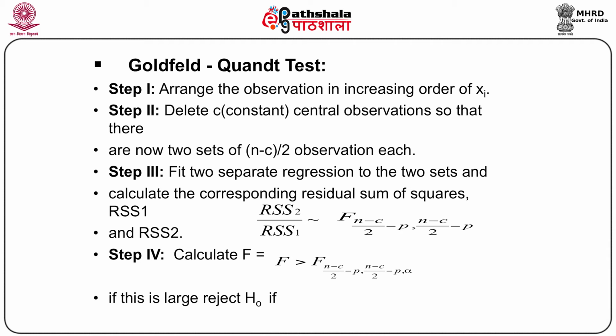That is, if the F statistic is greater than F with (n minus C) divided by 2 minus P and (n minus C) divided by 2 minus P degrees of freedom, comma alpha, where alpha is the fixed level of significance.